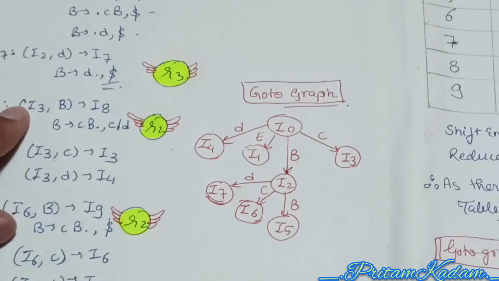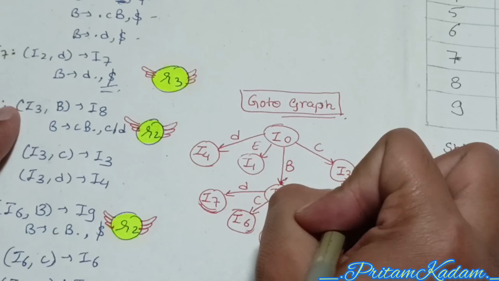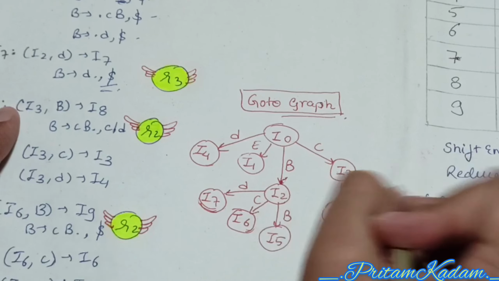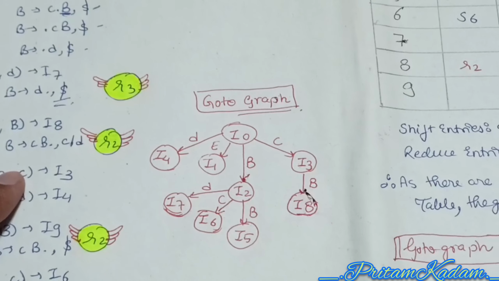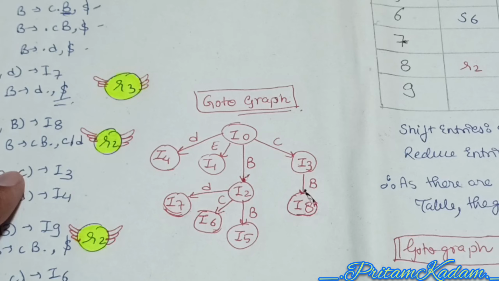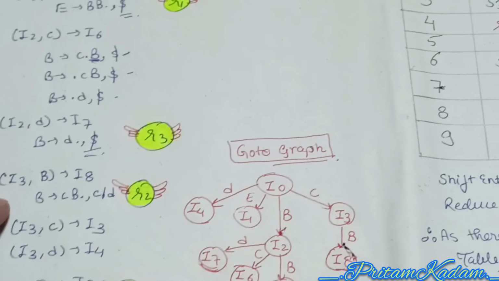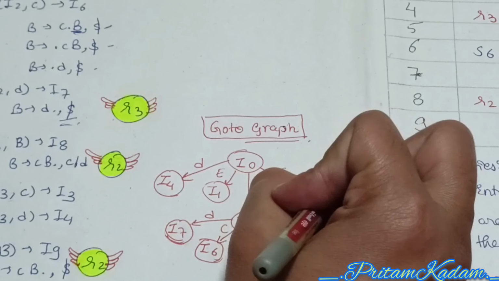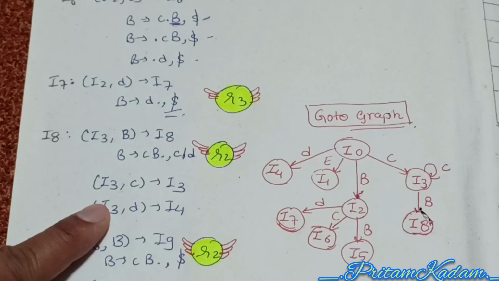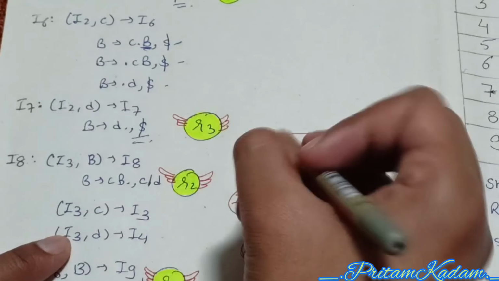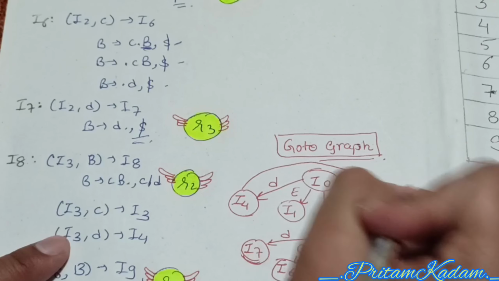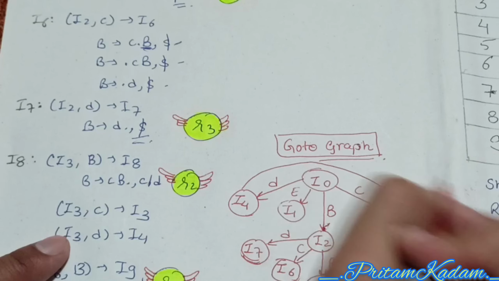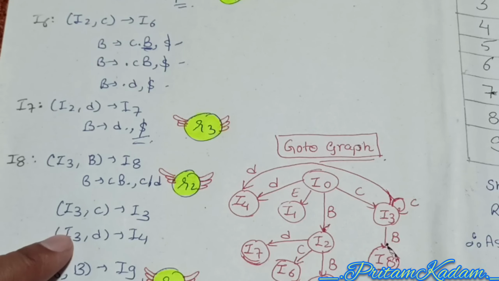Now source is I3, transition label capital B, destination I8 state. Now I3 on C goes to I3, that is the source is same as the destination, so we will have a loop on I3 with the label as C. Now I3 on d goes to I4, so I will write destination I4 with the transition label as small d.